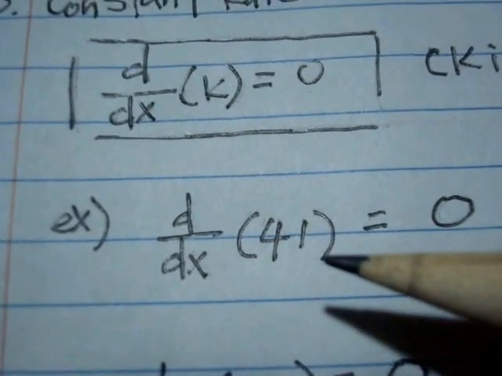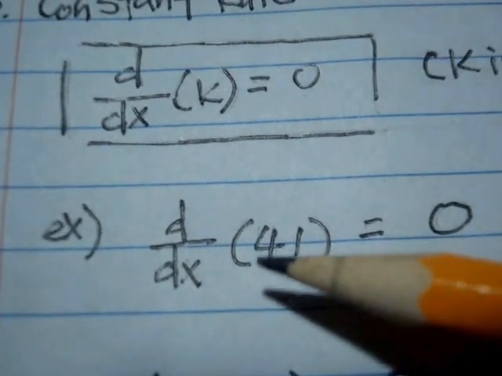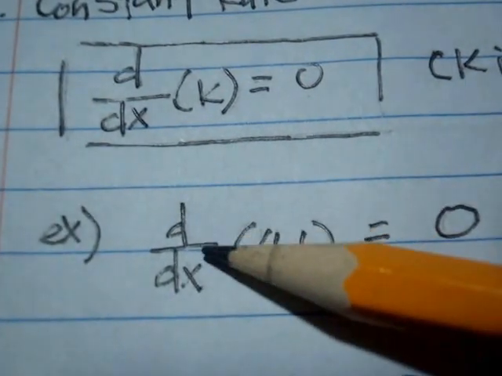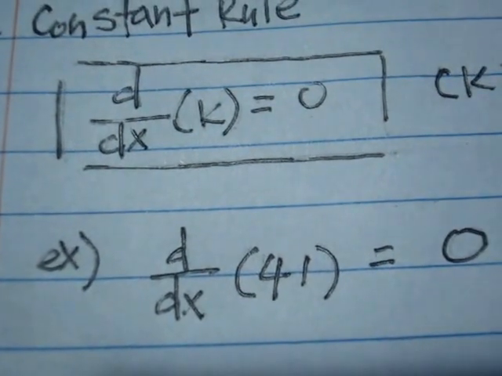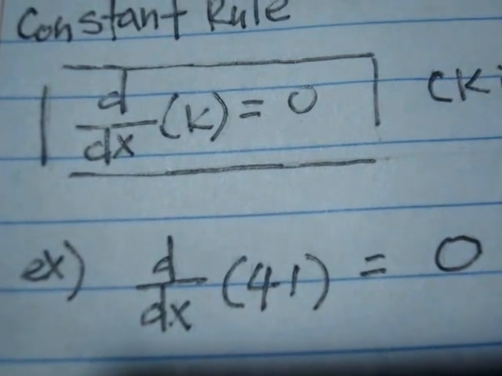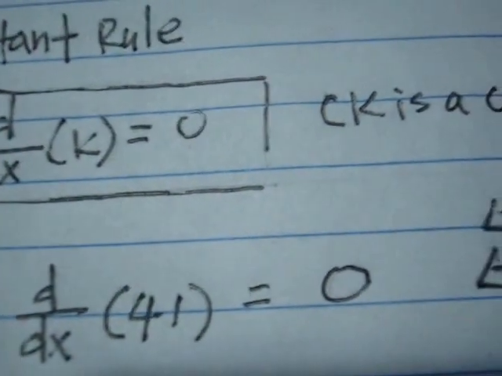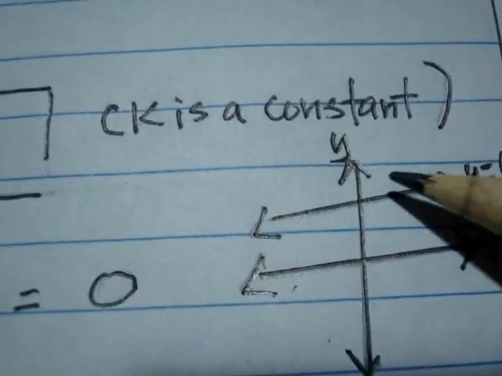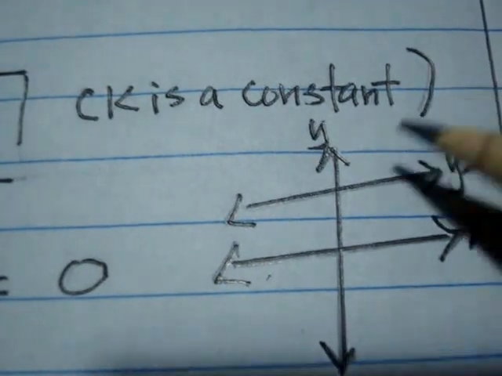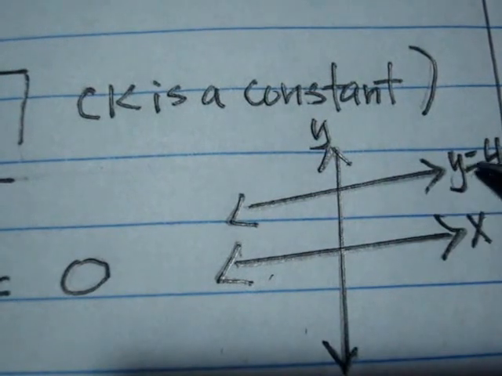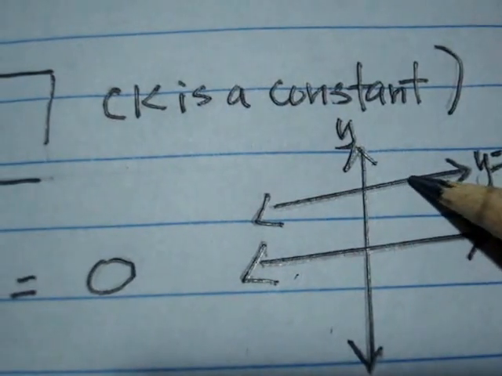Why is it always 0? Because d divided by dx of 41 is the same thing as saying that y equals 41. So when you graph it on a coordinate system, it will look like this. The y will be 41, and when you take the slope of this graph, it will be 0.